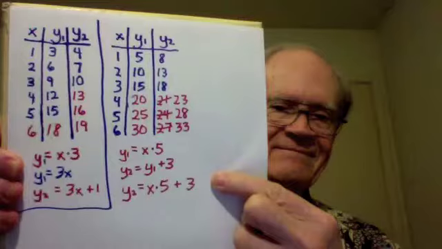Yes, x times 5. Now that only gets you what y1 is. What one more step do you have to do to get the value in the y2 column? It's the same thing you already mentioned. So it's y2 equals x times 5 plus 3. Plus 3, that's right. Okay, very good.